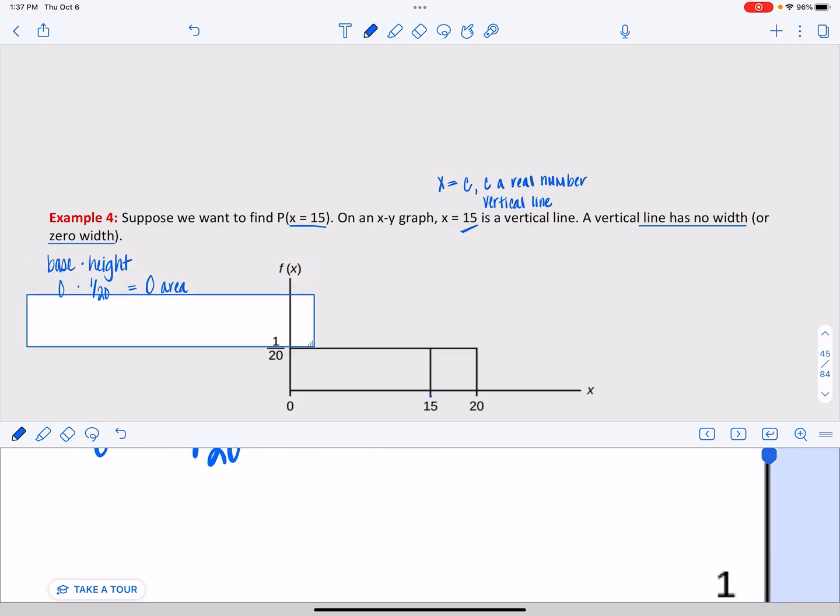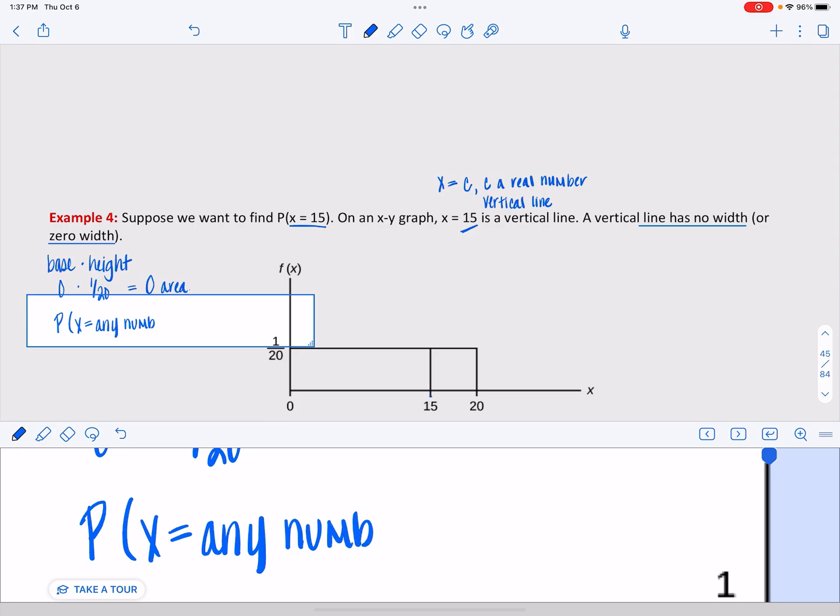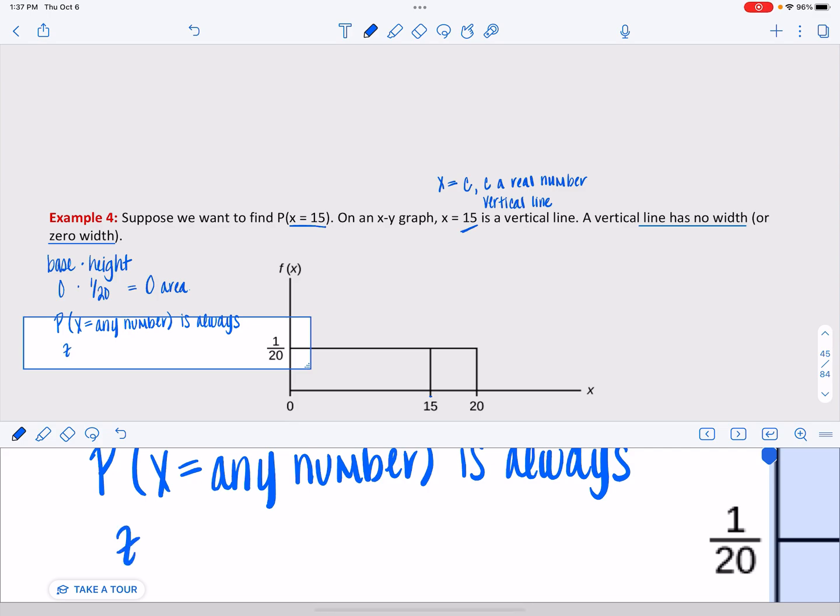Here's what that translates to. That means the probability of x equal to any number is always 0 for continuous probability functions.